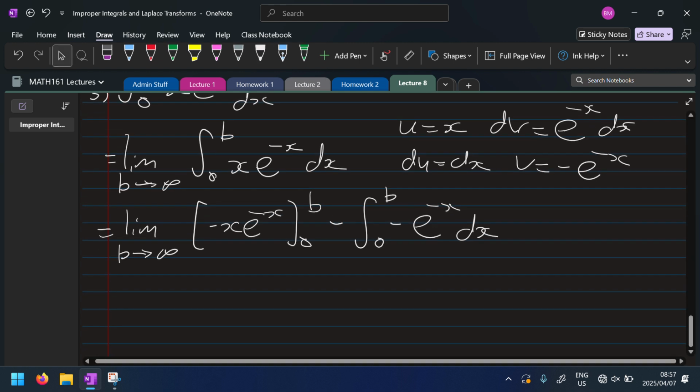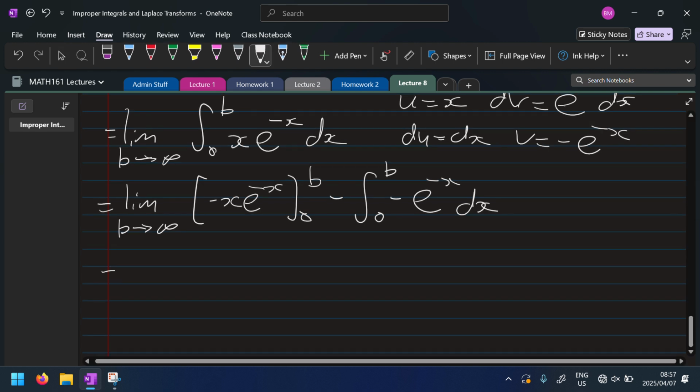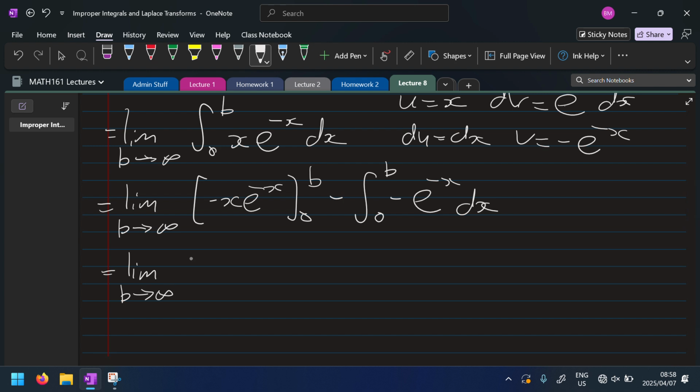Again, everything on the right-hand side of the limit is just integration by parts. Nothing new. So this is going to be the limit as b goes to infinity. Let's expand this out here. At b this will be minus b e to the minus b. And then at 0, we've got an x times that, so that's going to go away. A minus and a minus is going to be a plus, the integral from 0 to b of e to the minus x dx.